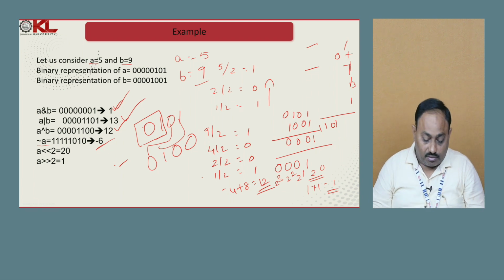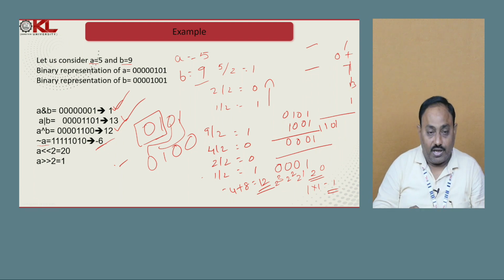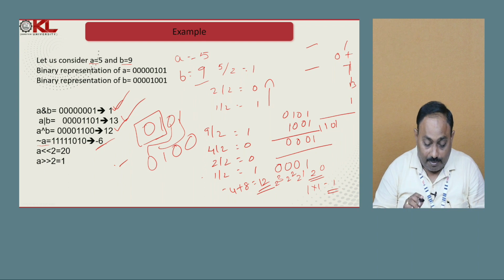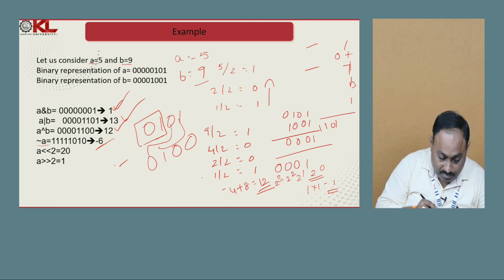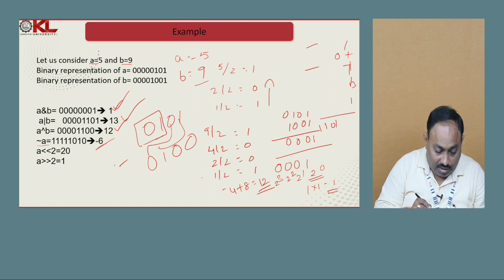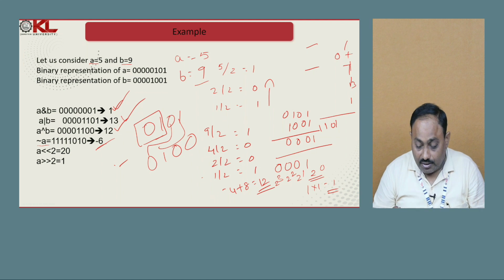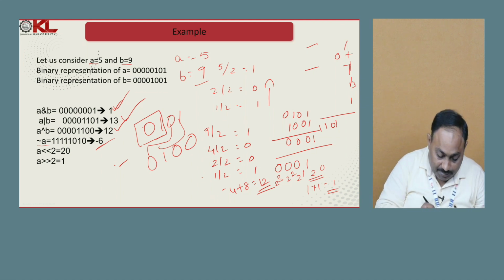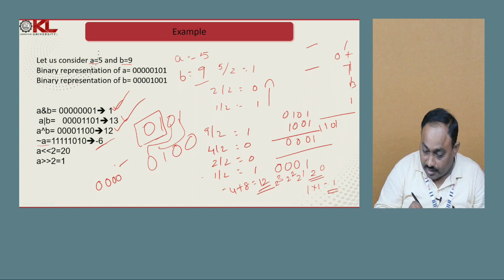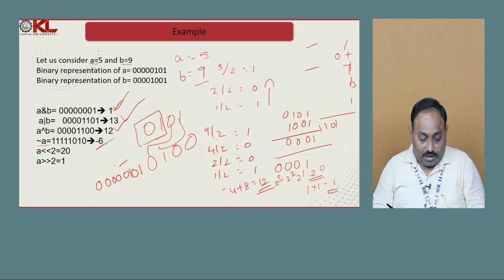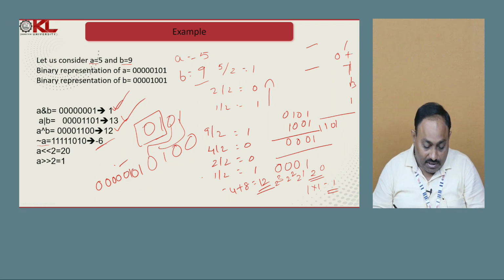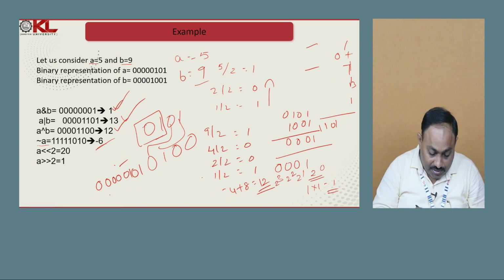Like that. So to perform this efficiently, what I am doing here is taking this number in 8 bits representation. So what is the value of A? Here the A value is 0 1 0 1. Now I am taking 0 0 0 0 0 1 0 1, like that. Now I am shifting these 2 bits.